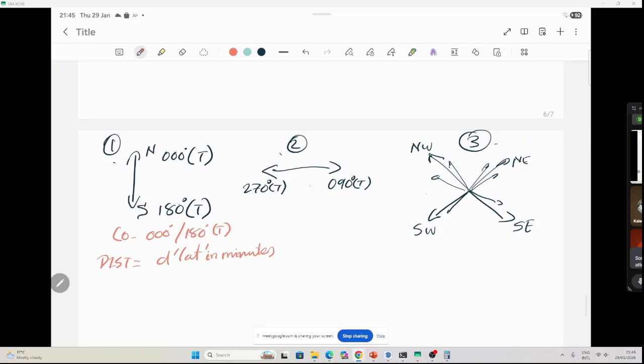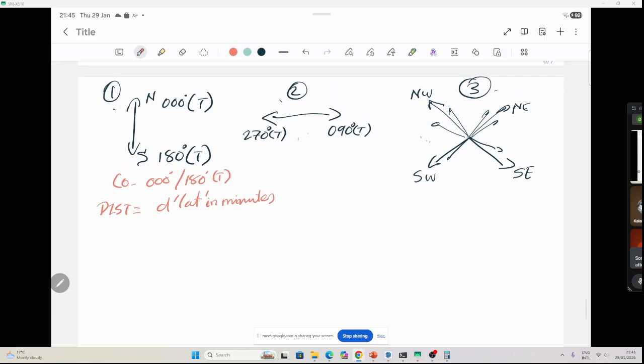Now we'll go into how to calculate the second type and the third type. Guys, I may have to take an additional 15 minutes beyond 2200 hours. Are we okay?